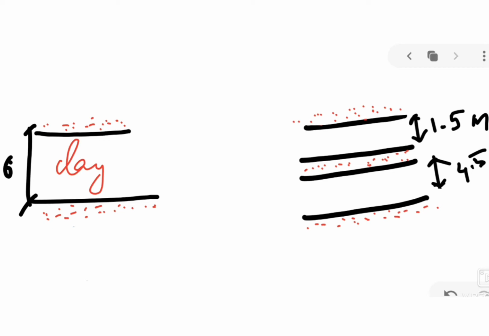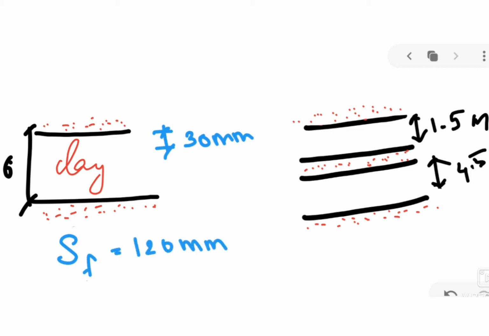Here a clay layer of 6 meter is given. After 3 years, it has settled 30 mm and the final settlement is estimated to be 120 mm. They are asking, if we introduce a new sand layer in between, what happens.